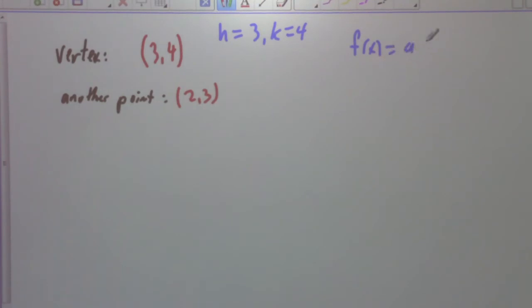And so if we take the equation, f of x equals a times x minus h squared plus k, we're going to substitute in for h and k.